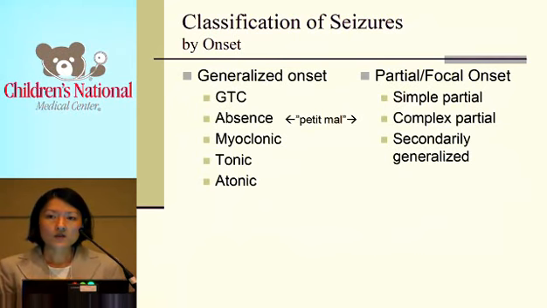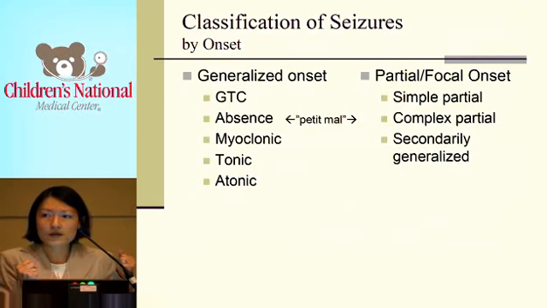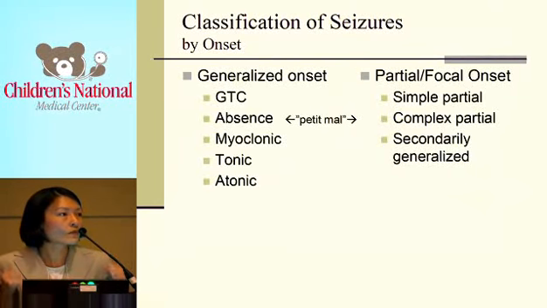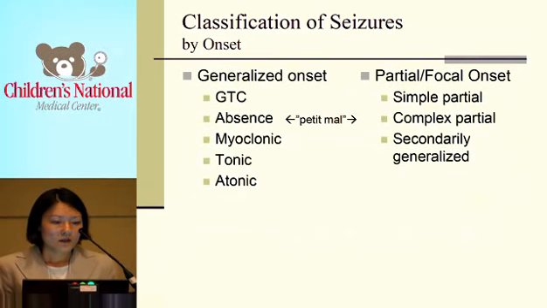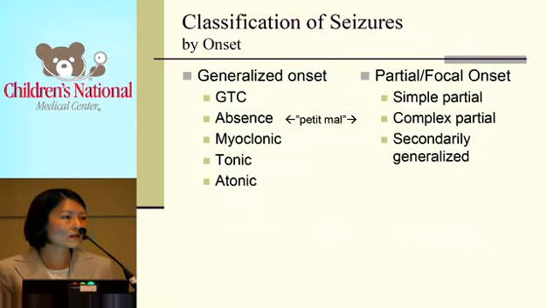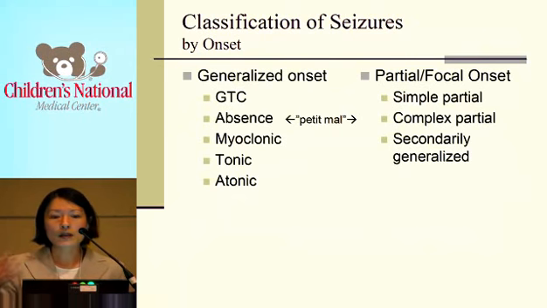Under primary generalized, we have generalized tonic-clonic, so obviously a phase of tonic muscle stiffening, and then a phase typically of clonic activity, rhythmic jerking. We also have absence seizures, so very typically brief 10 to 15 second long periods of activity arrest, unresponsiveness, followed by no postictal phase.